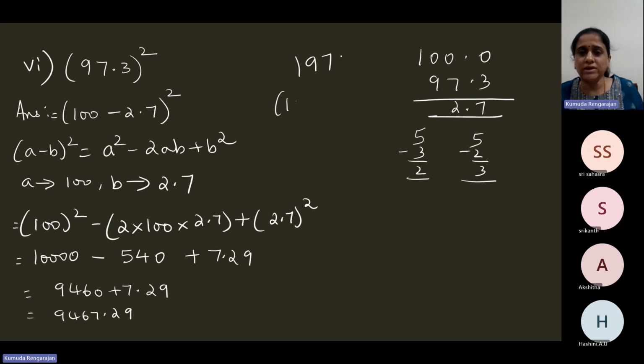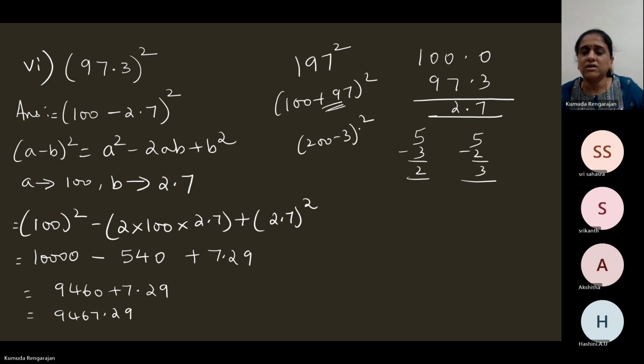If you write 197 squared as 100 plus 97 the whole square, using A plus B the whole square, you will get the correct answer, but this will take a longer time. But when you write 197 as 200 minus 3, you can do this faster. 40,000. It's about which one will help you finish the answer in less time. So you should go with 200 minus 3 the whole square.